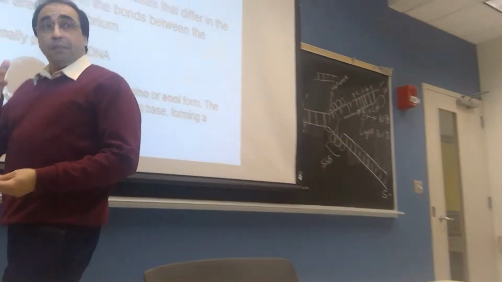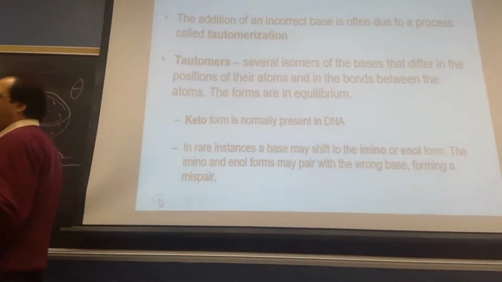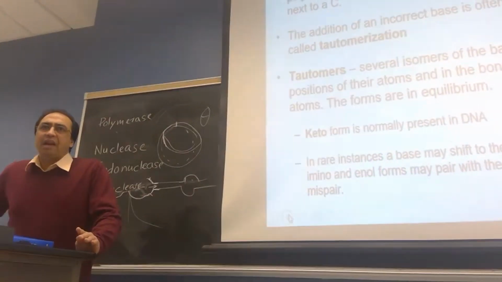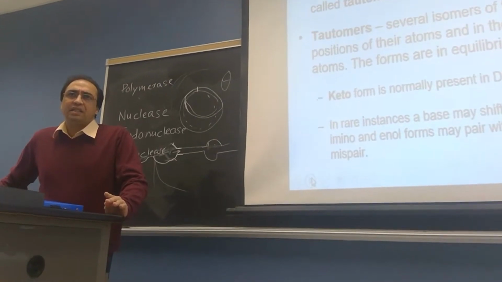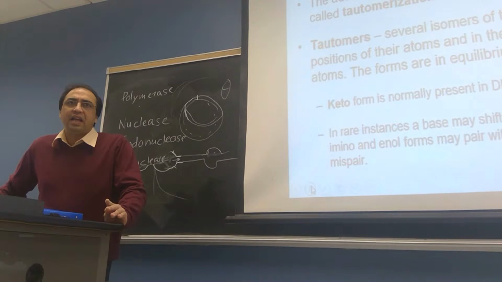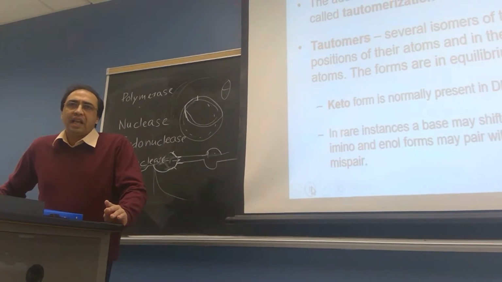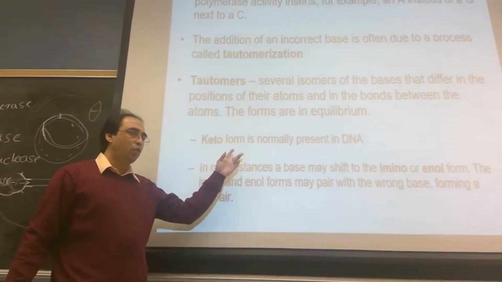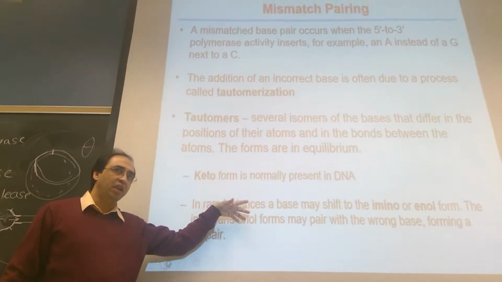Normally they cannot, because of their chemical properties, they are very particular about their bonding. A can bind with T and C can bind with G only. But it can happen sometimes because of the formation of two different chemical structures of nucleotides.